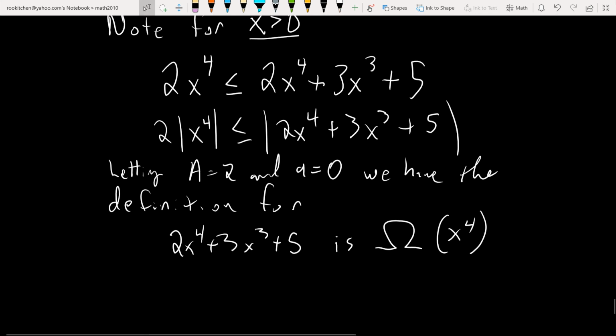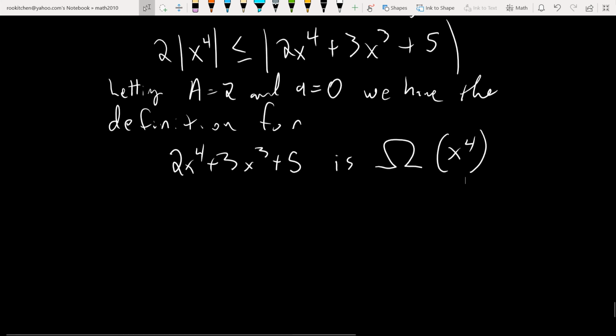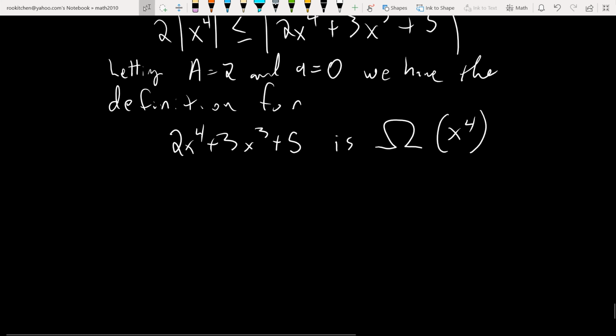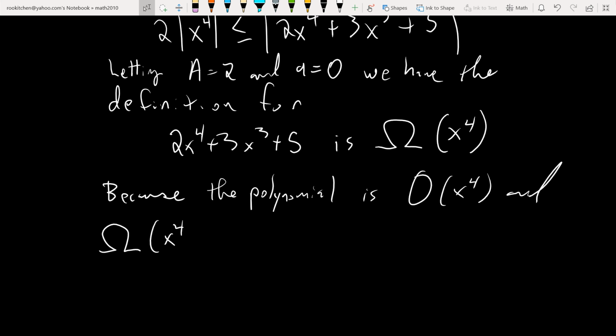So once you've shown that something is big O and big omega of the same thing, because the polynomial is big O of x to the fourth and big omega of x to the fourth, we can conclude it is big theta of x to the fourth.